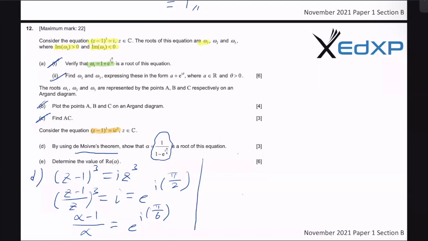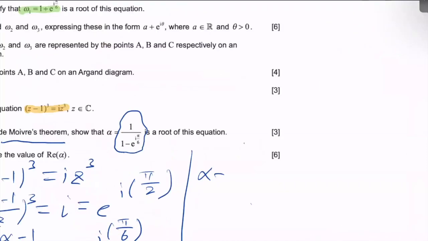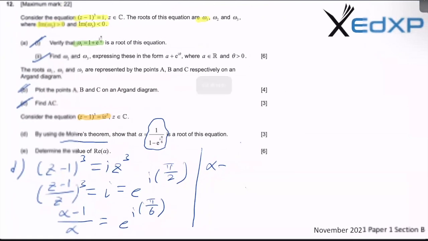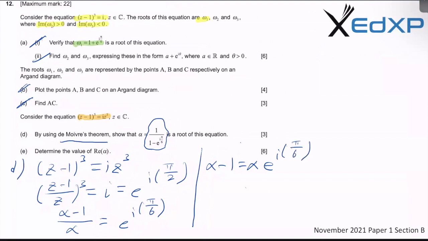Okay, quite close already. I think we can maybe bring the alpha over. We try to make alpha the subject, so it's alpha e to the i pi over 6. Okay, so this will be alpha minus alpha e to the i pi over 6. Let's try to group the alphas together, equals to 1.